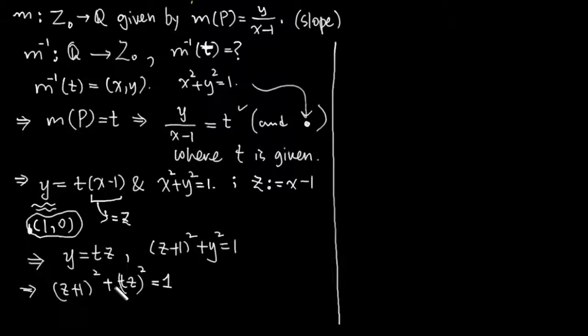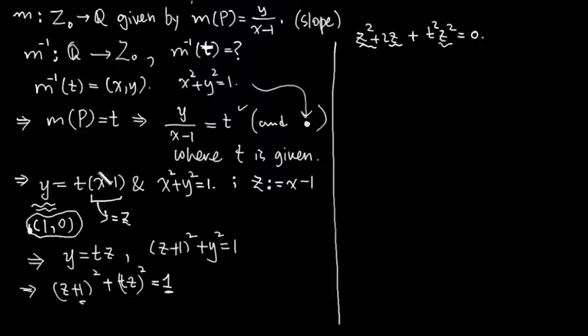Right here, if you expand those, you can see that z squared plus 2z survives, and this 1 cancels after you square it, so you only have t squared z squared plus z squared plus 2z equals 0. So this is the advantage: all the z's are common, and this is a quadratic, but you can easily factor out the z part.